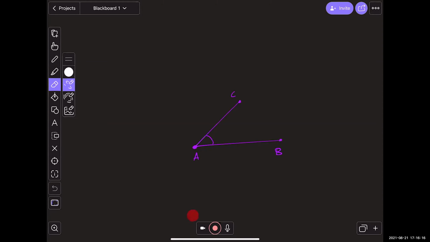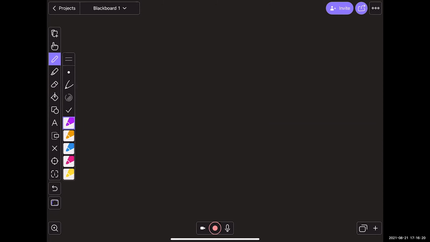Now, what if instead of being a one-sided angle, like a single angle, we had two lines that intersected, right? So we have A right in the middle, B, C, D, and E. Now there's no way for us to write angle A, because if we write angle A, we don't know what angle we're referring to.